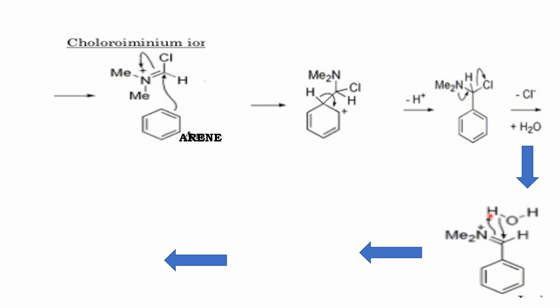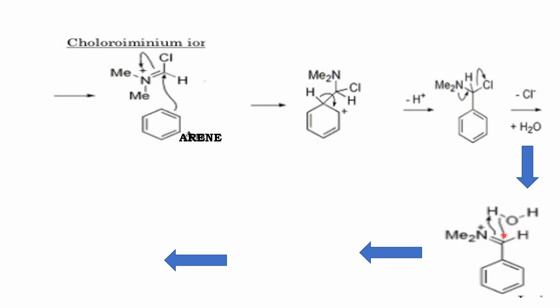This eliminated H plus will come and attack the lone pair of electrons of nitrogen, so the NH bond is established again. Check clearly. See here, this is the HOH bond. It will attack the carbon atom, and as a result H plus will be eliminated.